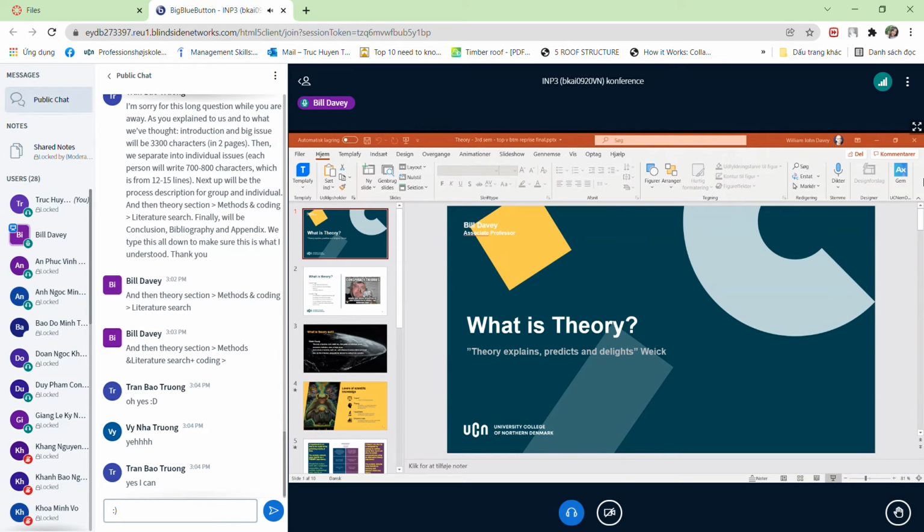In the scientific world, theory is a very special thing, and the theory is something which explains and predicts. And this is why, for example, Einstein's theories have become more important as time has gone on.